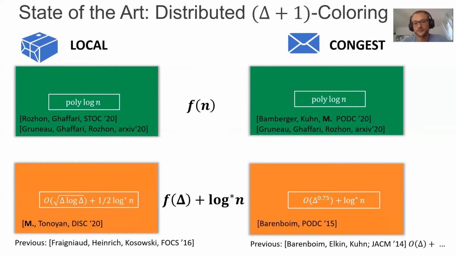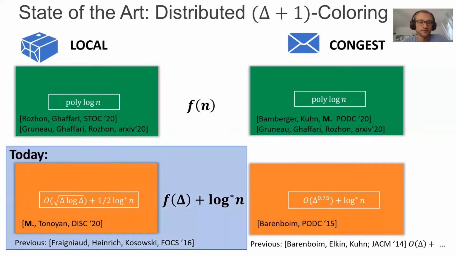And here we also have algorithms in the CONGEST model, a sublinear algorithm by Barenboim from PODC 15. What I will talk about today is an algorithm with complexity roughly square root delta, which works in the LOCAL model. So I will talk about the bottom left corner here: local algorithms and complexity, mainly as a function of the maximum degree.